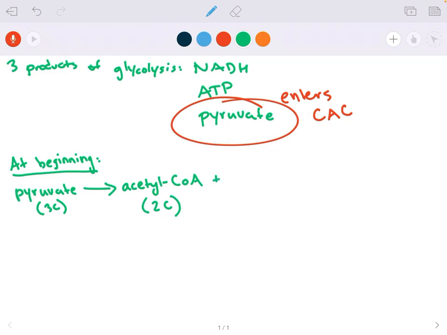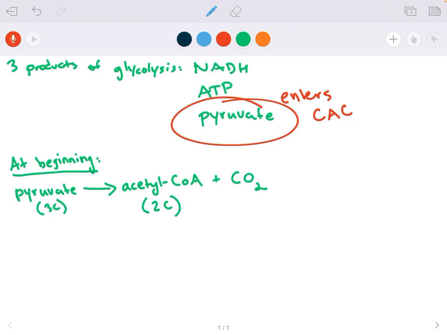So what it actually loses is a carbon dioxide. This is one of the reasons a product of respiration overall is CO2. Every time we breathe, we release CO2. One of the reactions is this reaction at the beginning of the citric acid cycle.